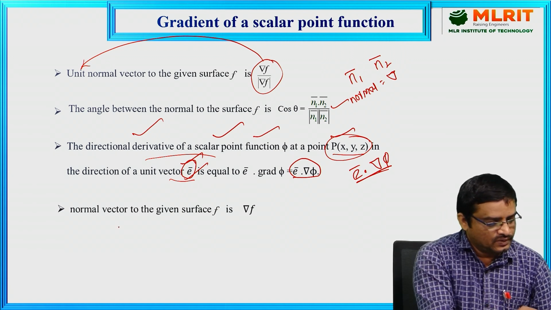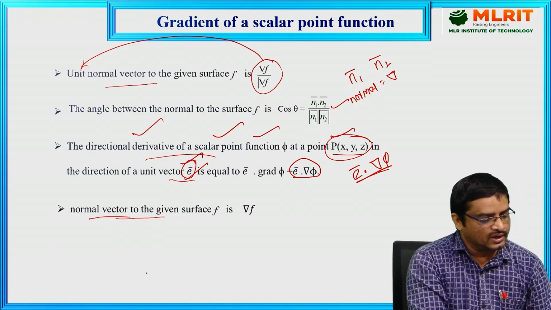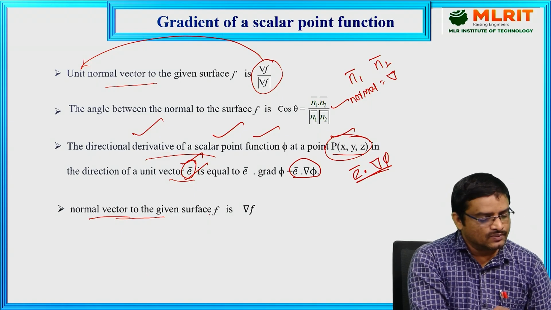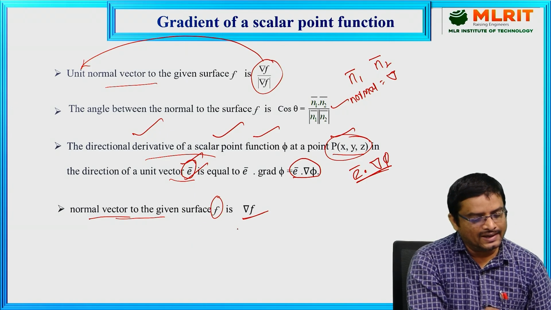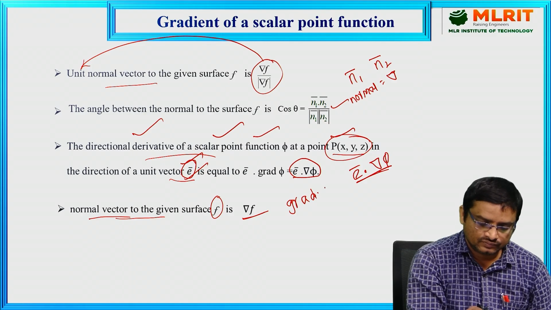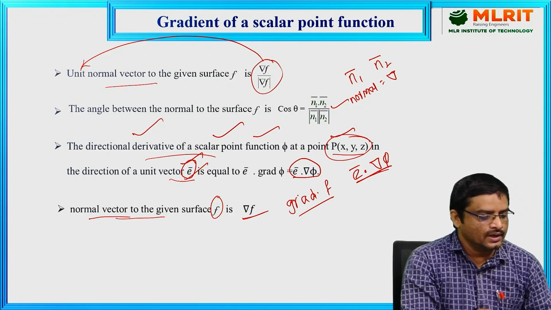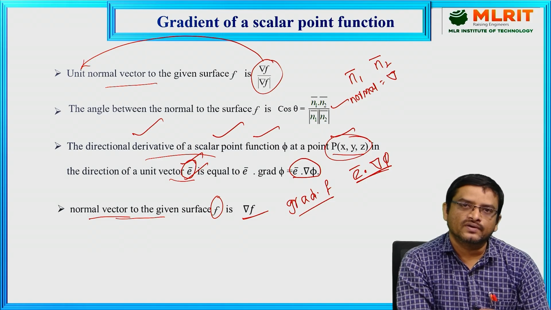So next, this is the unit normal vector. This is only the normal vector here. So the normal vector for the given surface f is given by only del f, that is gradient of f. So these are the important formulas we have to remember, which come under the gradient of a scalar point function.